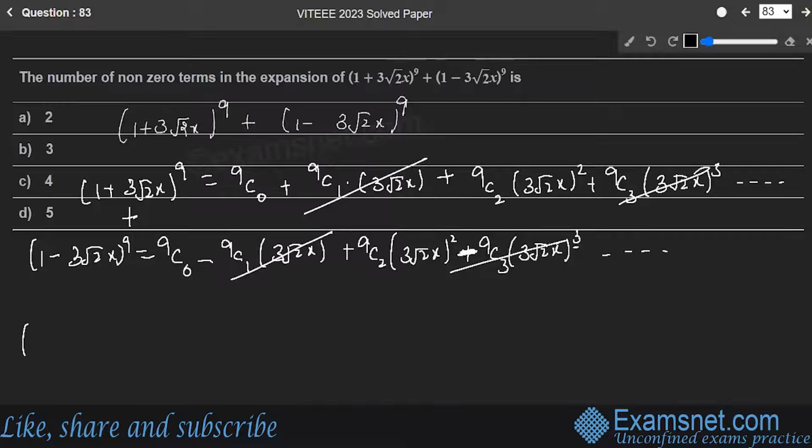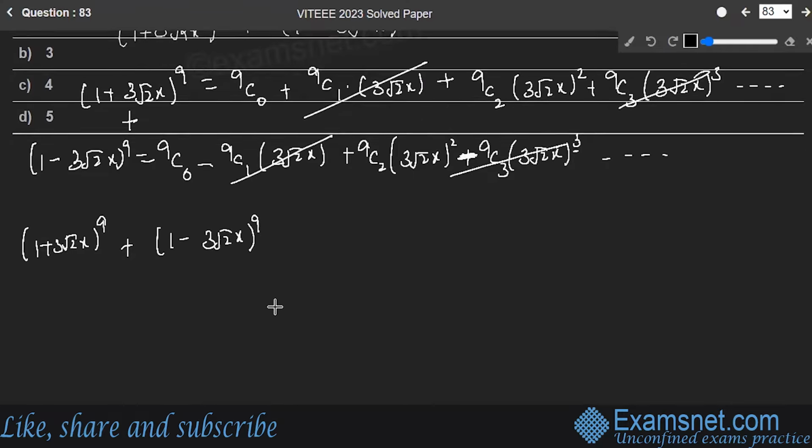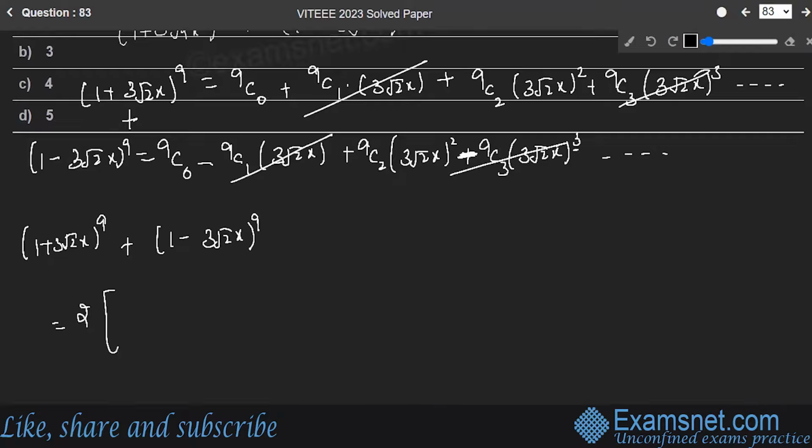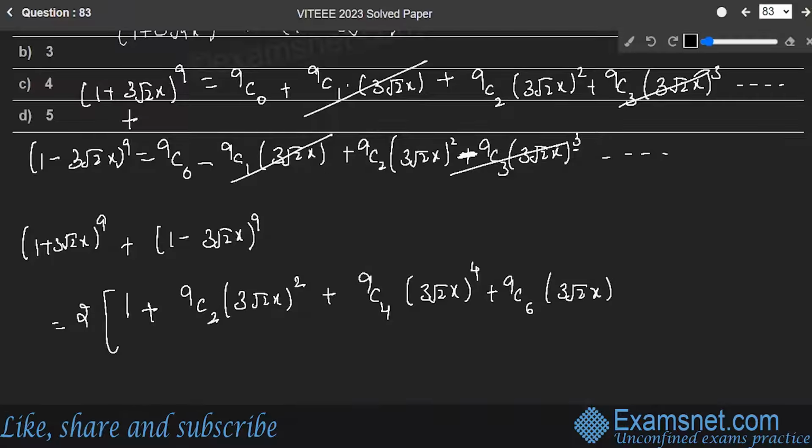When you add both of them, the sum is equal to twice of 9C0, that is 1, plus 9C2 into (3 root 2x) raised to power 2, plus 9C4 into (3 root 2x) raised to power 4, plus 9C6 into (3 root 2x) raised to power 6, and this will go on till 9C8, because 9 you can't go beyond that, into (3 root 2x) raised to power 8.